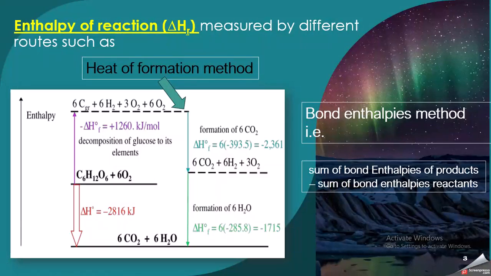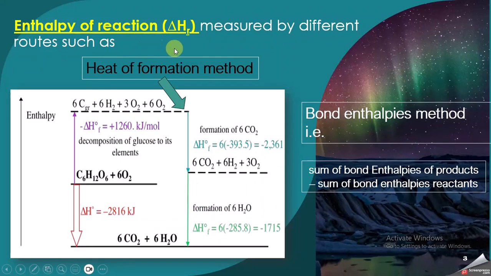If you do this calculation by finding the values of the bond enthalpies, which you can find on the internet, you will find that the enthalpy of reaction comes out to be the same, that is minus 2816 kilojoule per mole.